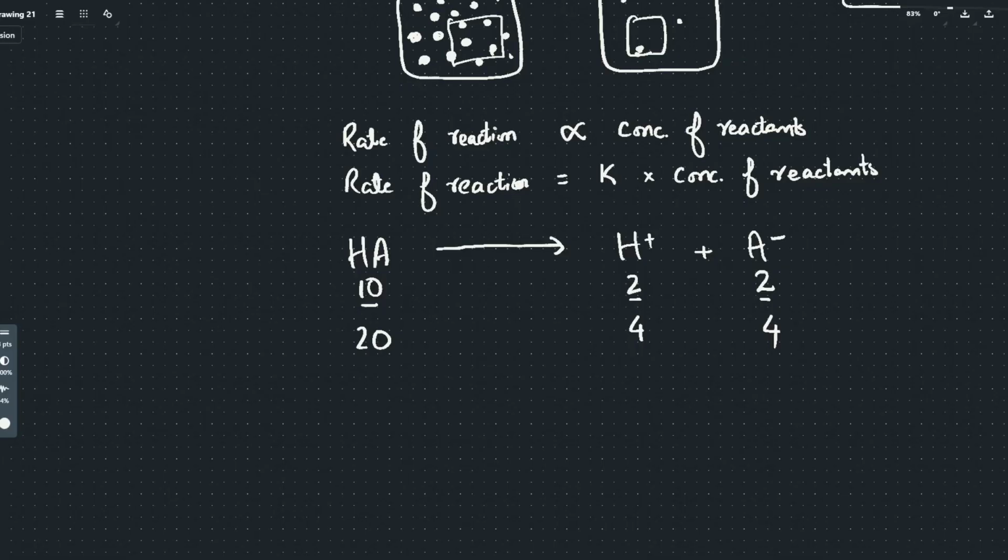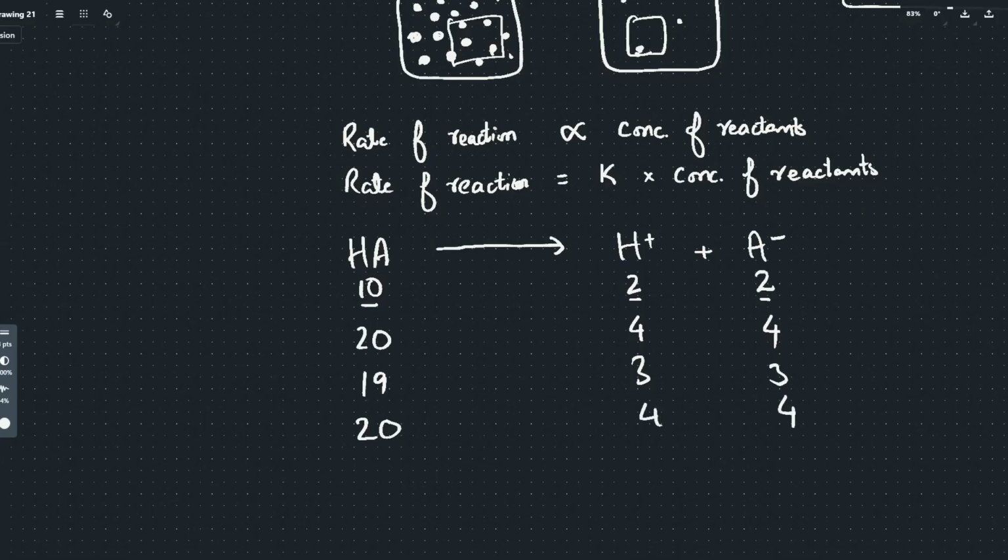Now what actually happens is that after some time, some of these may start to go back. For example, momentarily this might become 3 and this might become, let's say, 19, but then immediately one will jump back here and this will become again 20 and 4 and 4.